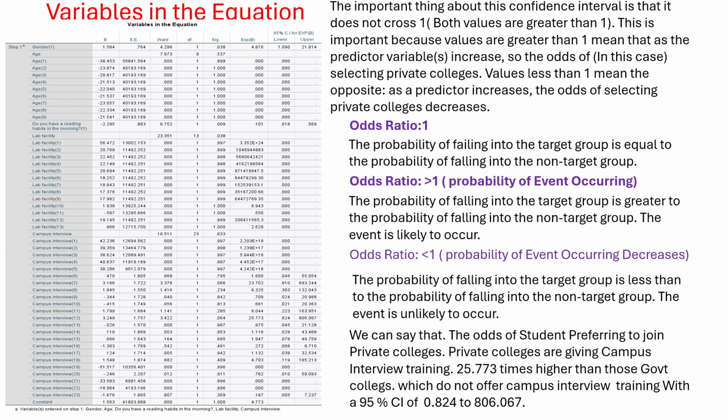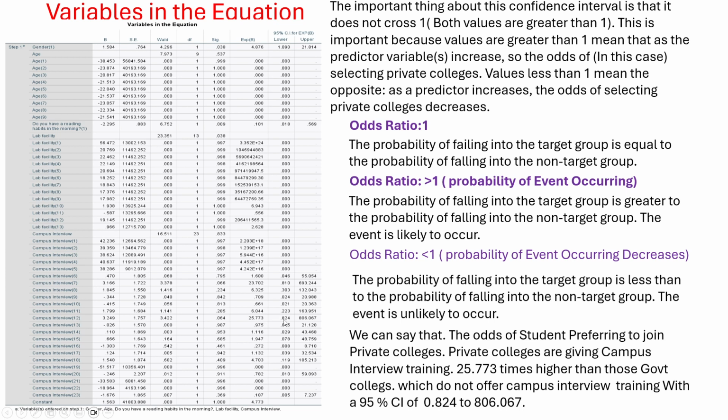We can say that the odds of students preferring to join private colleges that give campus interview training are 20.573, here you see my cursor showing, 20.773 times higher than those of government colleges which do not offer campus interview training, at the 95% confidence level, significance 0.05 level.